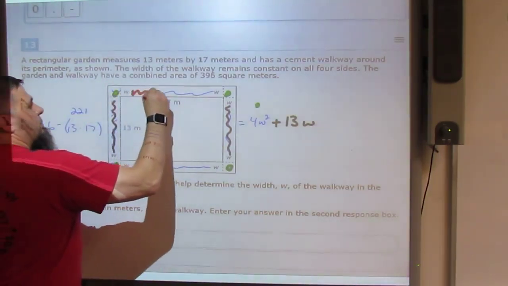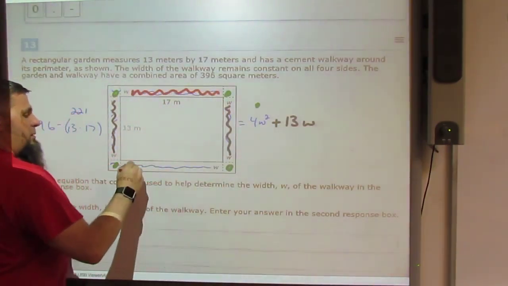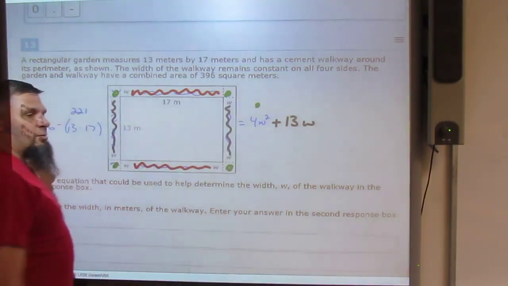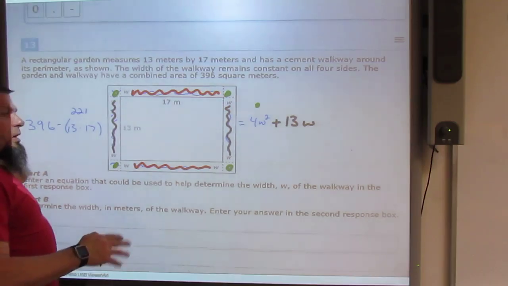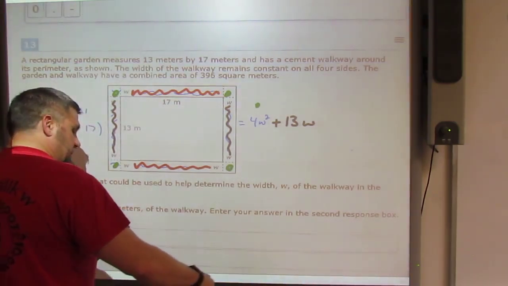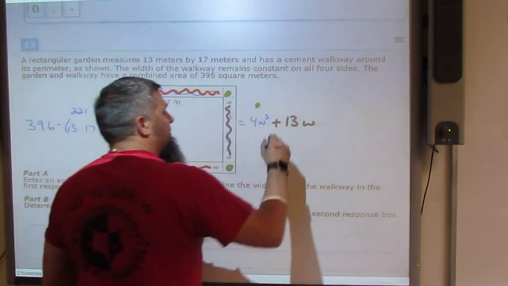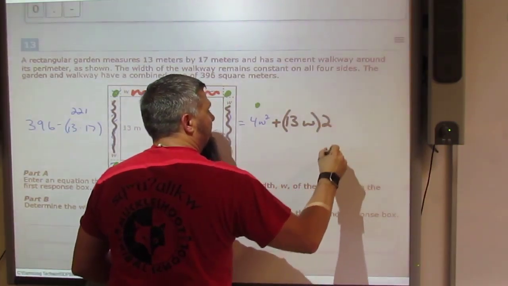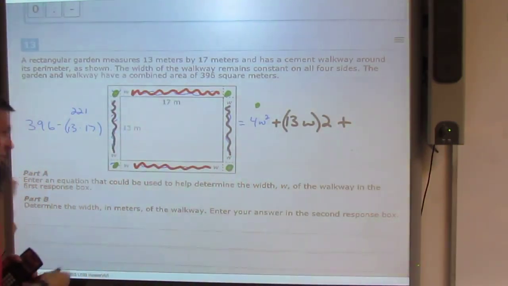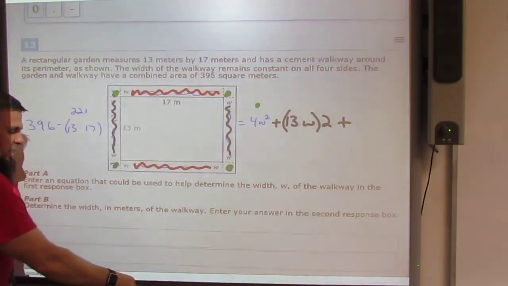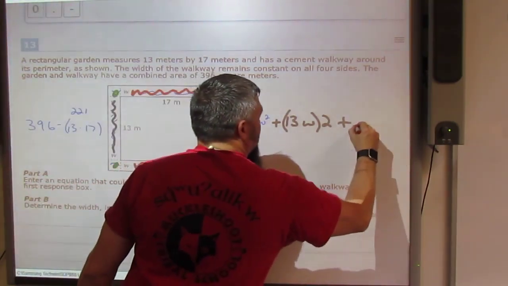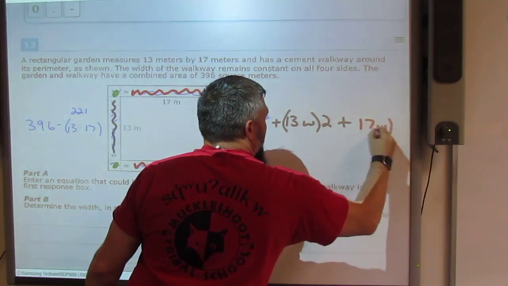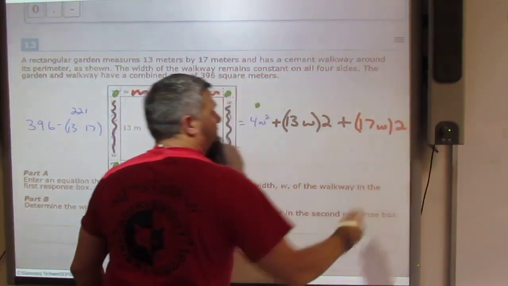Plus these 2 pieces. Oh, sorry, 13 times W times 2, because there's 2 pieces, plus the 17 times W times 2.